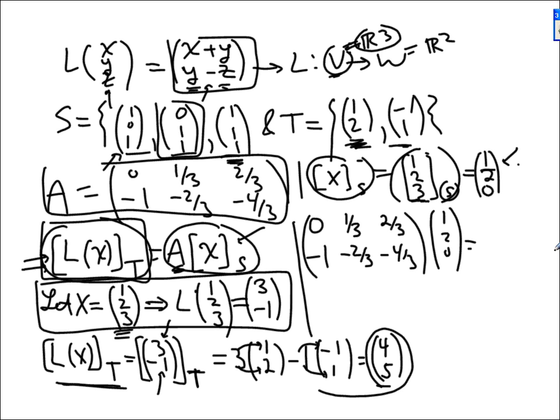And if you multiply this out, you get 2/3 and negative 7/3.